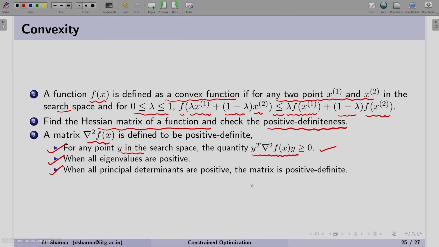Then what will happen to the concave function? Here we can do a simple simplification: we take g_j(x) as minus g_j(x). We can find the Hessian of this function, and if it comes out to be positive definite, then we can say the constraint is concave.